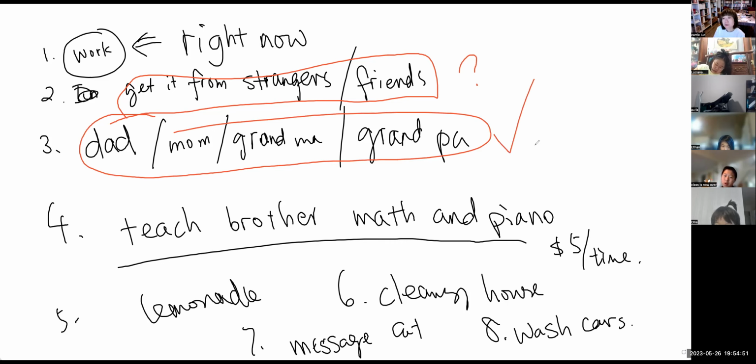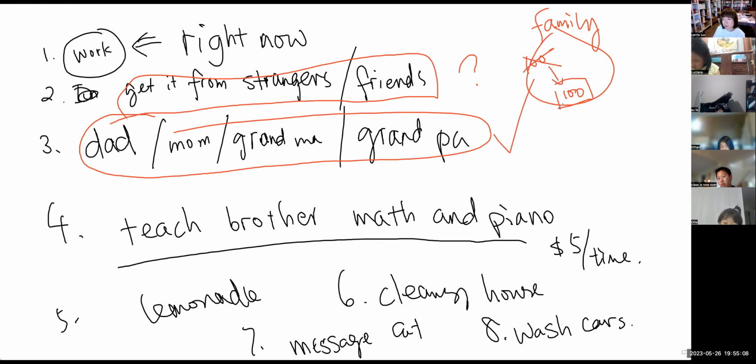But let me ask Ollie a question. Are your dad and mom one family? Yeah. If your dad has 100 dollars and gives you 100 dollars, then your dad no longer has 100 dollars; it just moved into your pocket. But for the entire family, is the money increased or not? It's not increased at all.